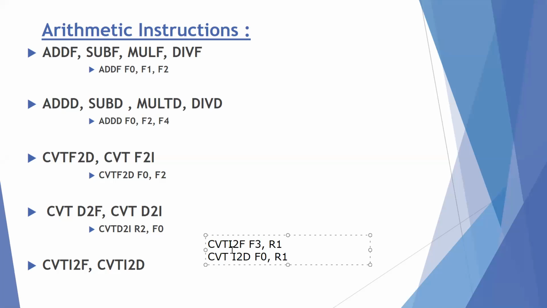Again, the opcodes themselves signify what they are doing. Convert integer to floating will convert the data available in an integer point in a general GPR, general purpose register, to a floating point register by taking the decimal point value as 000, and the integer to double will convert the 32-bit value in any source register to a double precision number by again inserting zeros in the unused places.